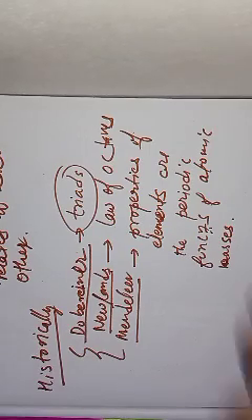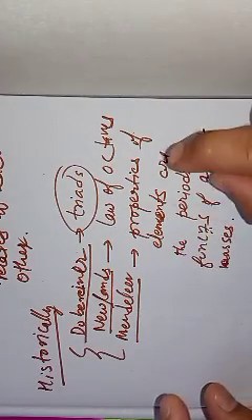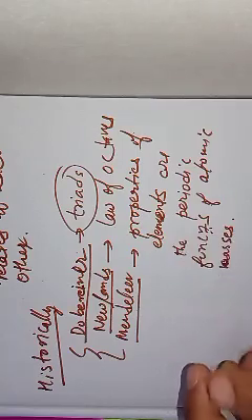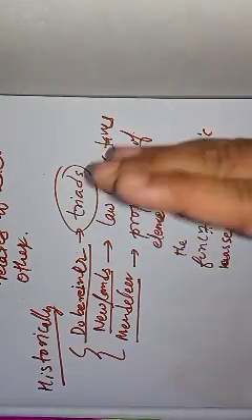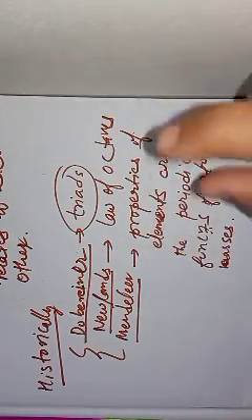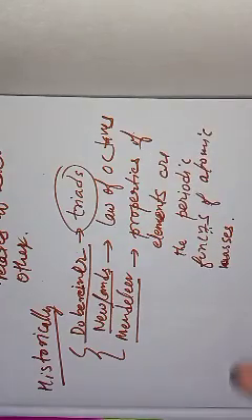Law of octaves means he tried to arrange eight elements in a row. In a single row, Newlands' table had only 8 elements. So that's why it is known as octaves. I'm not going into details because that is not our main concern.